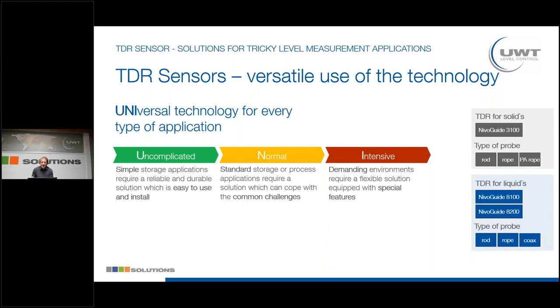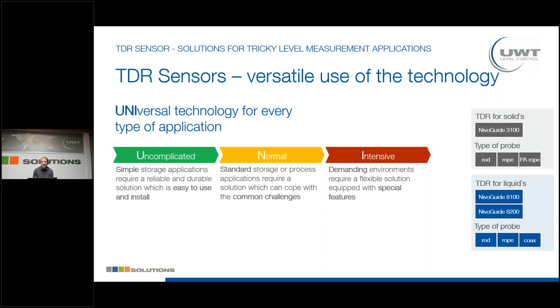Then we have, on the other hand, some normal applications. These can be storage or process applications. And here we need a solution that can cope with the common challenges, like temperature, pressure changes, dust, steam, condensation, humidity, and these are some typical common challenges you are confronted with in solid or liquid applications.